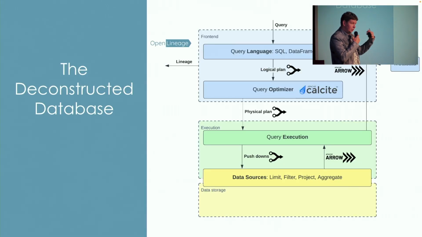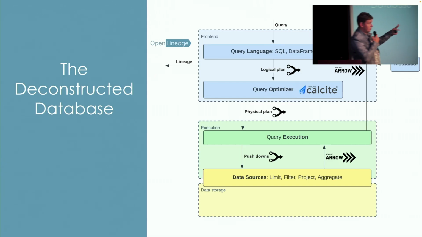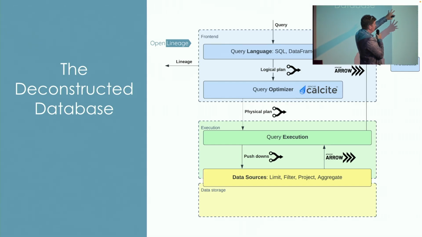And so what the deconstructed database means is we've been building components that are reusable and that you can build a database out of, right? If you start from this front-end layer, you have things like Substrait and Calcite, enabling producing a plan, optimizing it, and submitting it to a query engine. Then you have a query execution layer that will access a storage layer, and Arrow is usually the format of choice for exchanging and processing data in memory through that, right?